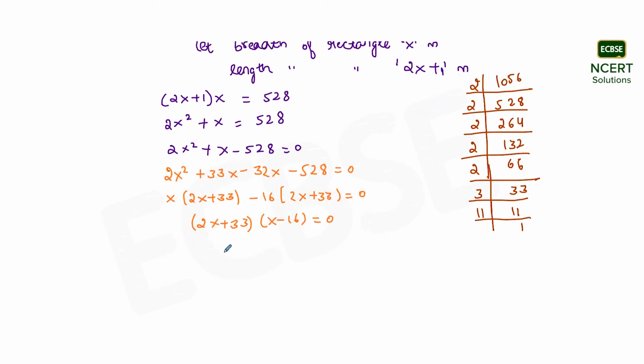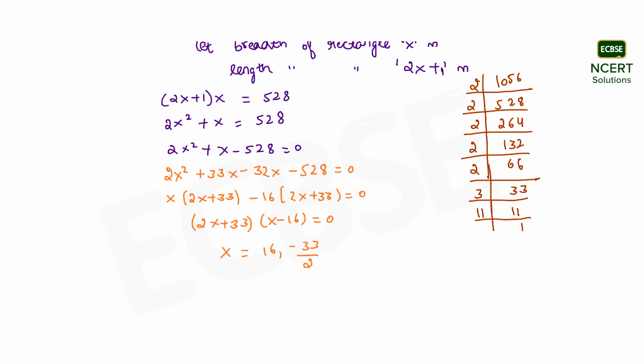From here I get two values for the x variable, which are 16 and minus 33 by 2. How have these values been obtained? By equating each term individually equal to 0. That is, first I have equated 2x plus 33 equals 0, and then I have equated x minus 16 equals 0.